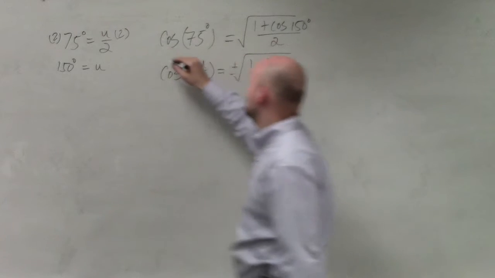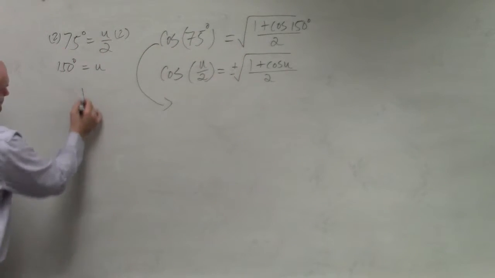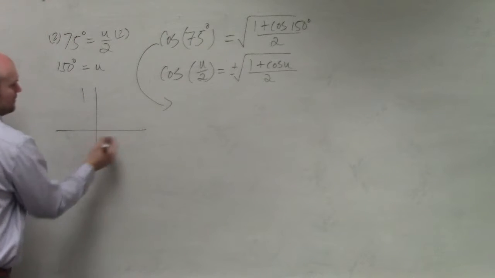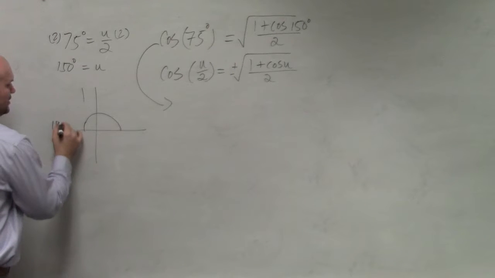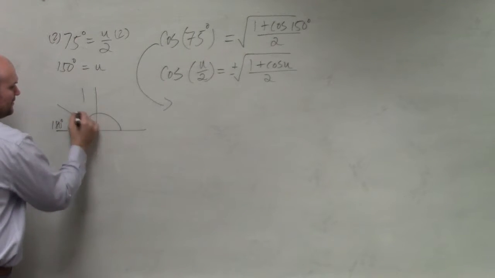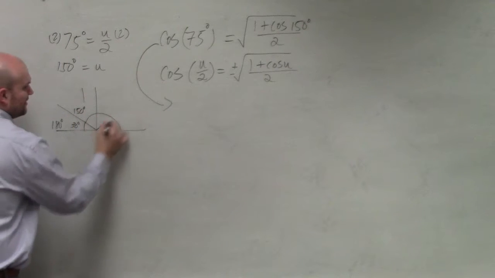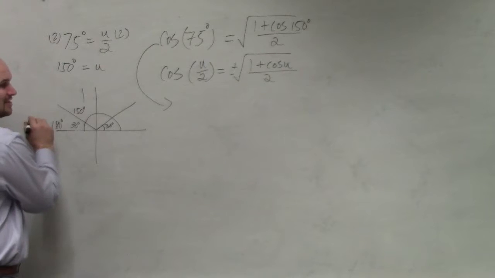Now, let's figure out where 150 is. So halfway around a circle is 180. 150 has a reference angle of 30 degrees. So therefore, it's the same as that one, which is 30 degrees. It's just in a different quadrant.